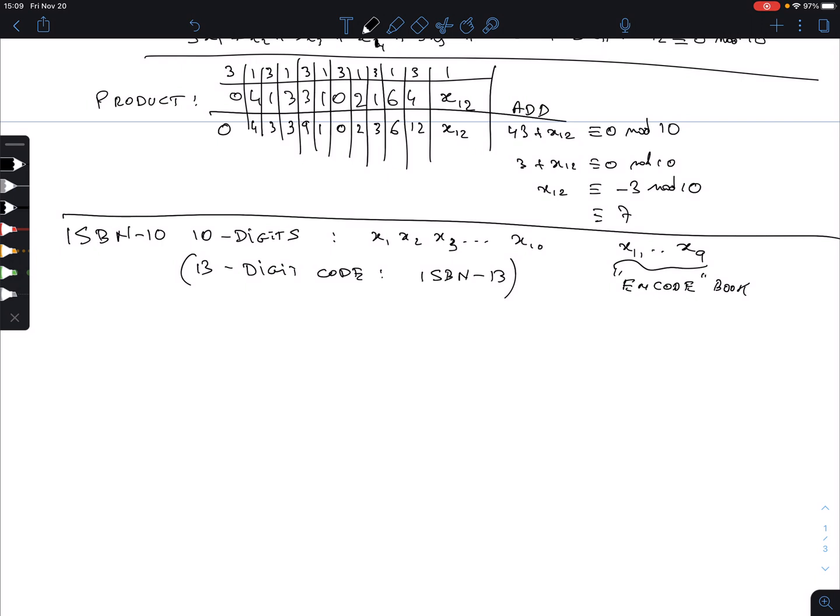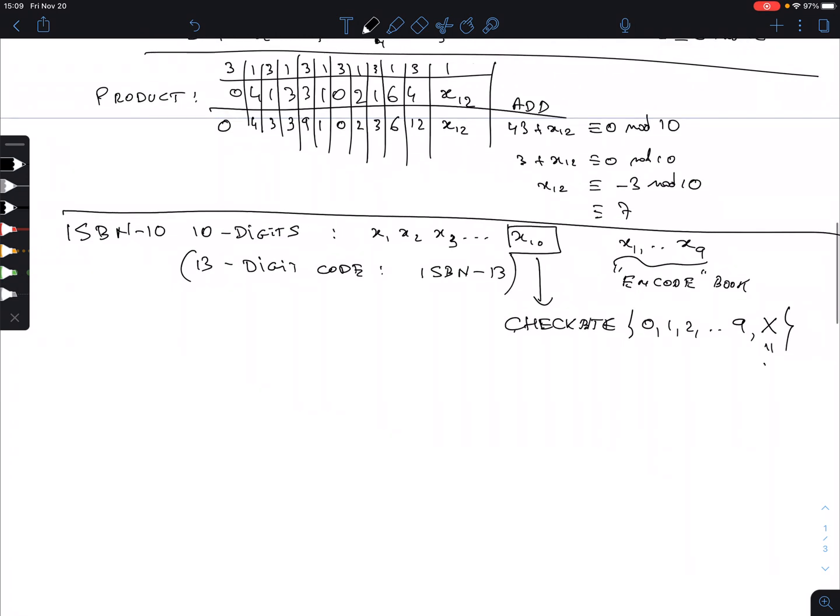Sorry, I keep saying parity bit. Check bit. This is the check bit, and this is strange: the check bit is either 0, 1, 2, a digit, but it could also be X, and X will represent 10, because what I just read out is Z11. Now remember this, right? When we do the decimal system, we have 10 digits. Binary system, we have 2 digits.